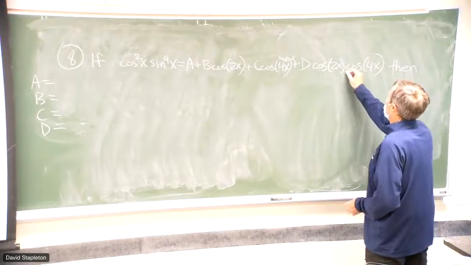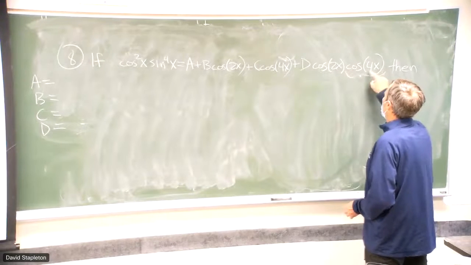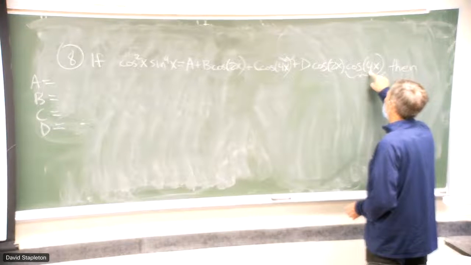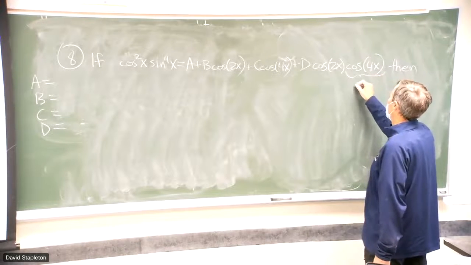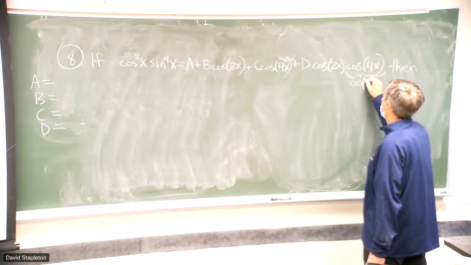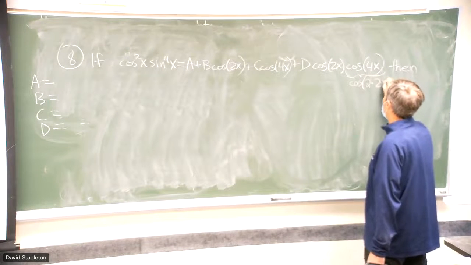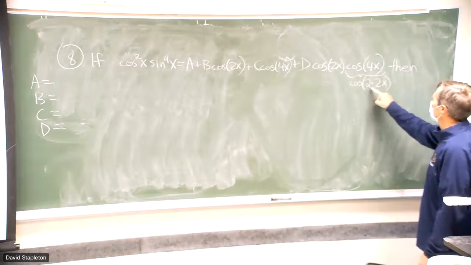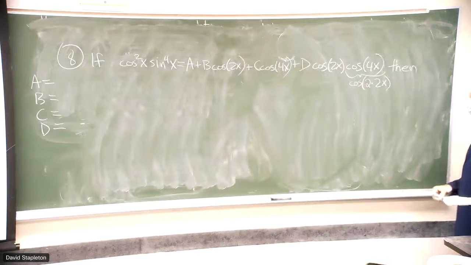Well, let's try this. One thing to notice is when you have a quadruple angle, the first thing you do is you rewrite it as a double angle formula. Cosine 4x is cosine of twice x, right? Double the angle 2x. Now, what do you do with that?